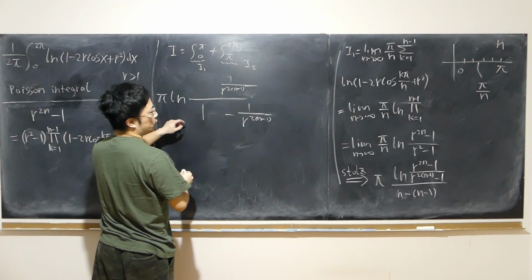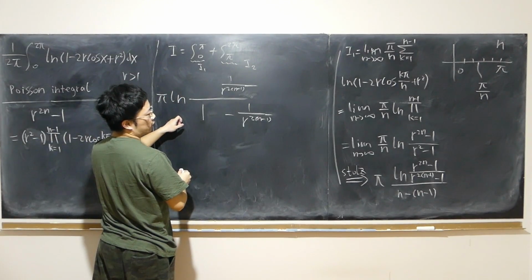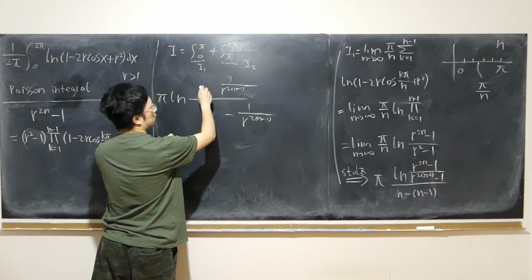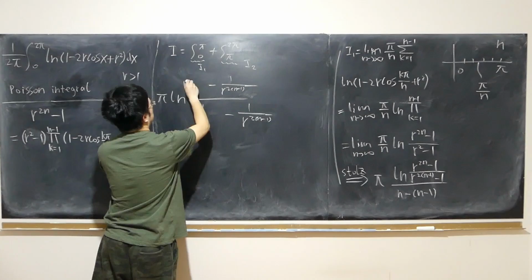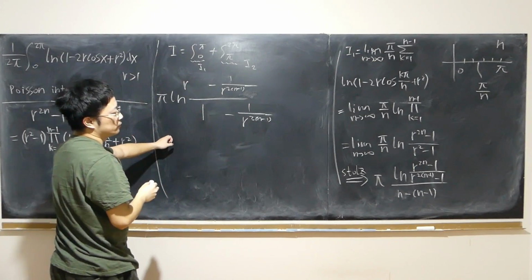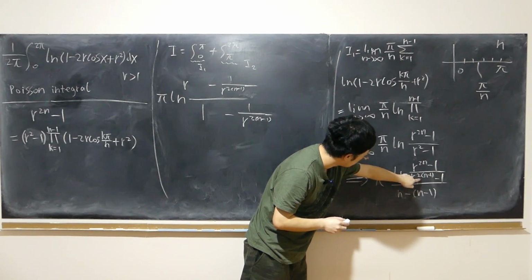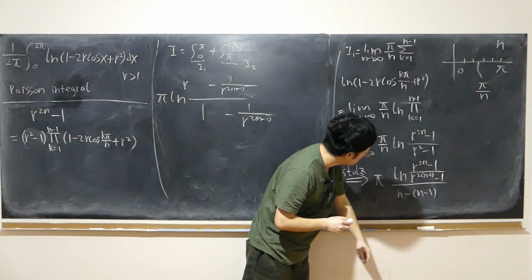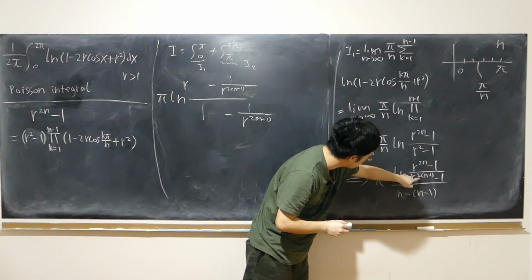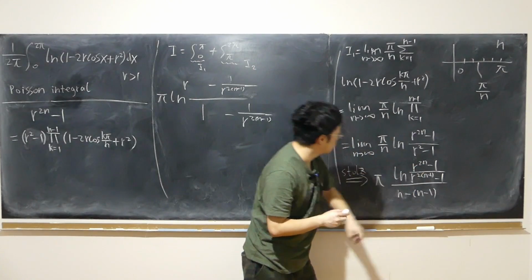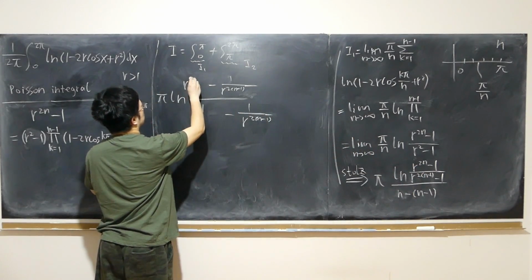At the same time, that becomes 1. r to the power of 2n divided by r to the power of 2n minus 1. Take the difference of their powers because they are on the same base. The difference of 2n and 2 times n minus 1 is just 2, so r to the power of 2.